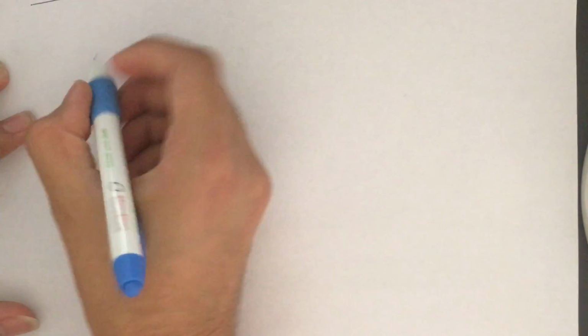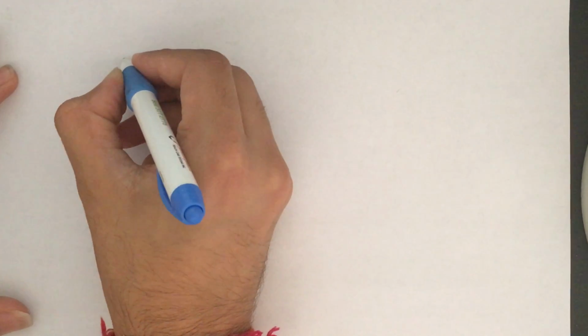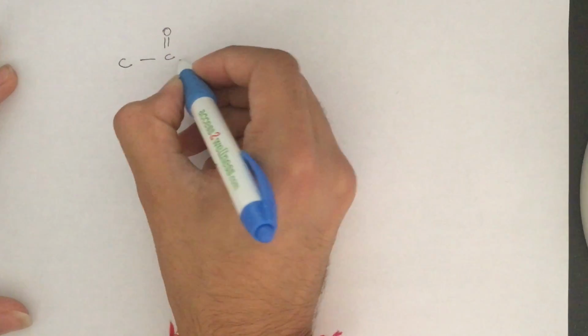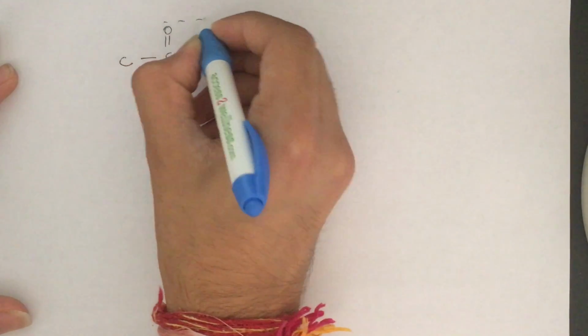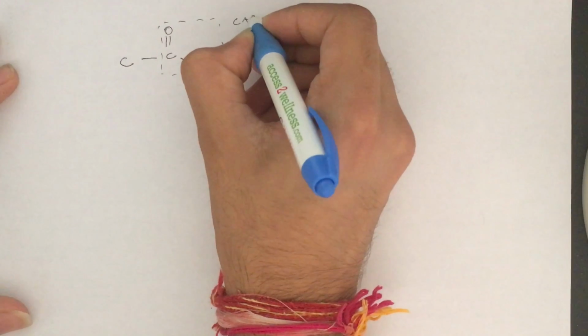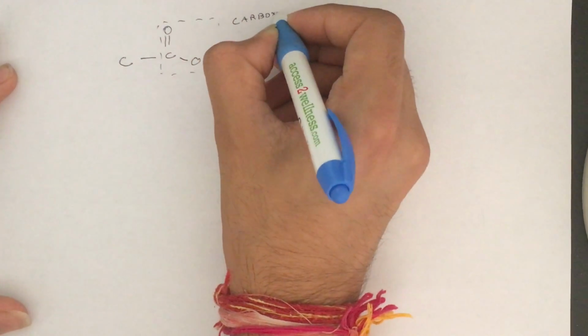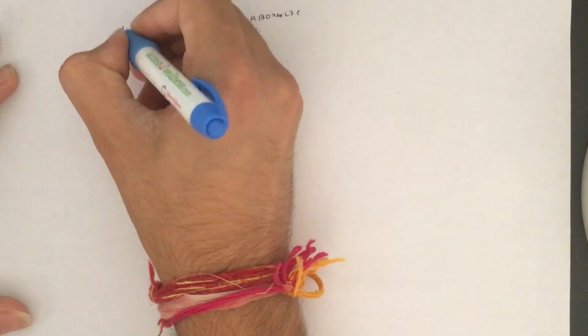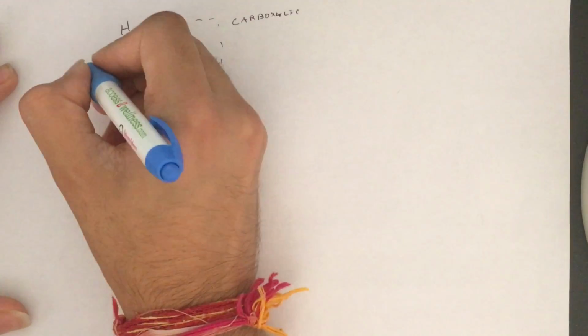As you know, proteins are made up of amino acids, and the basic structure of the amino acids is, first, you have a central alpha carbon, which is linked to a carboxylic acid group, which is linked to an R group, a hydrogen, and an amino group.